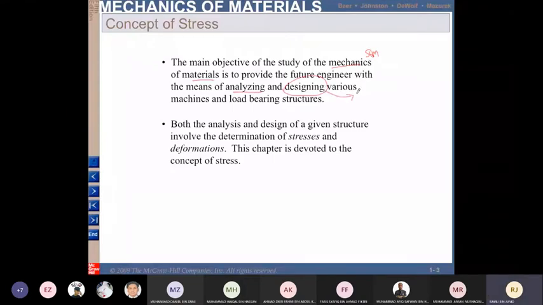Design in mechanics of materials, or strength of materials, means it's not like fashion design. It's not like making new clothes.